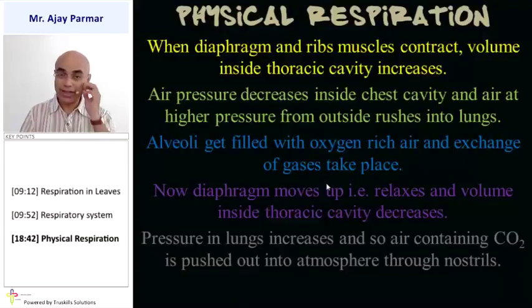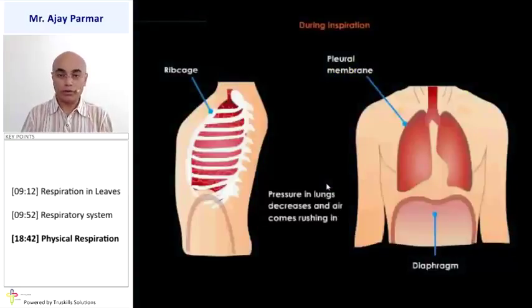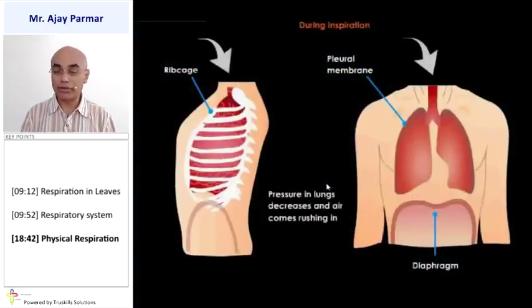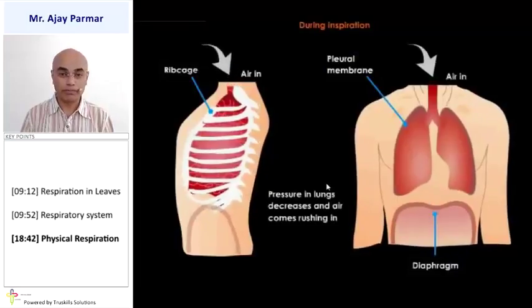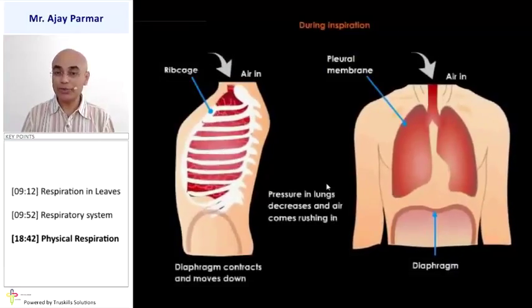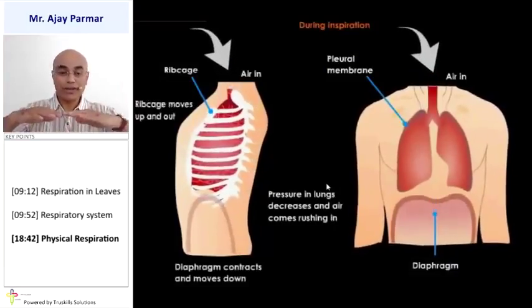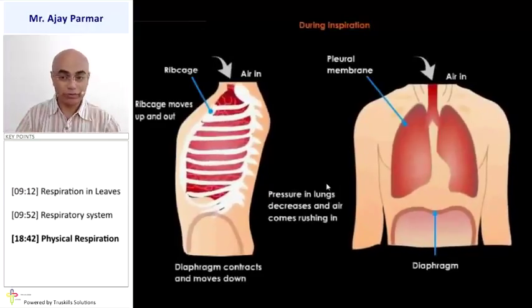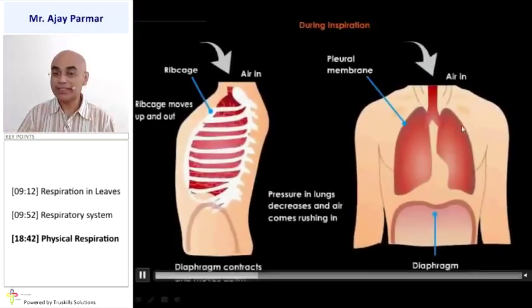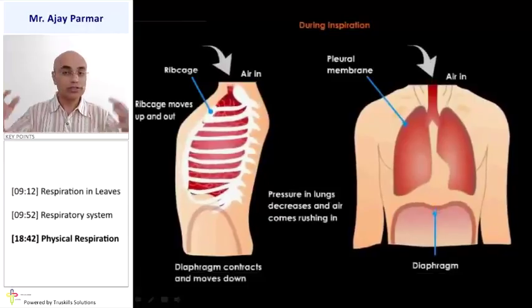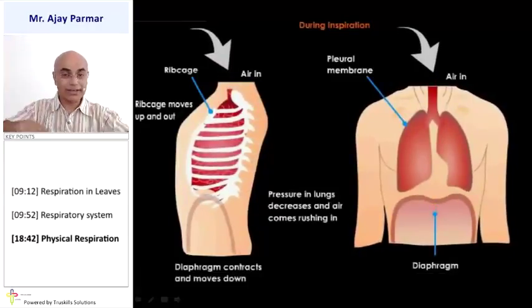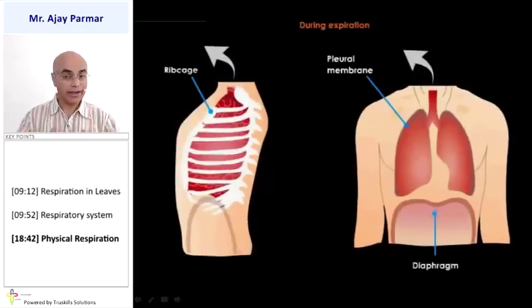Expiration, that is exhalation. Let us try to understand this through a video that was uploaded by Tutor Vista on YouTube. As you can see, during inspiration, the diaphragm contracts, moves down, and the thoracic cavity volume increases. So the air enters inside the lungs, and therefore inhalation takes place.